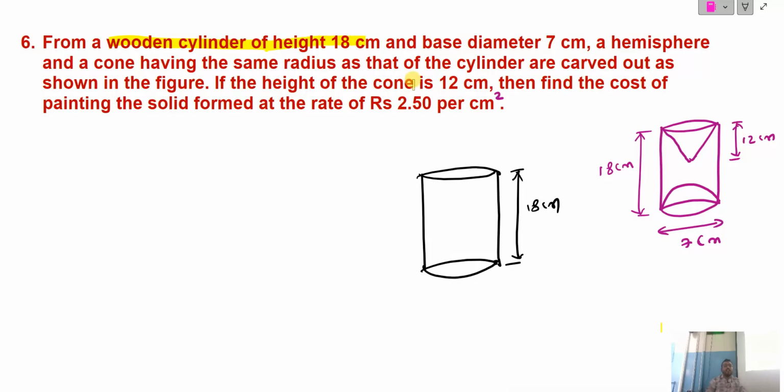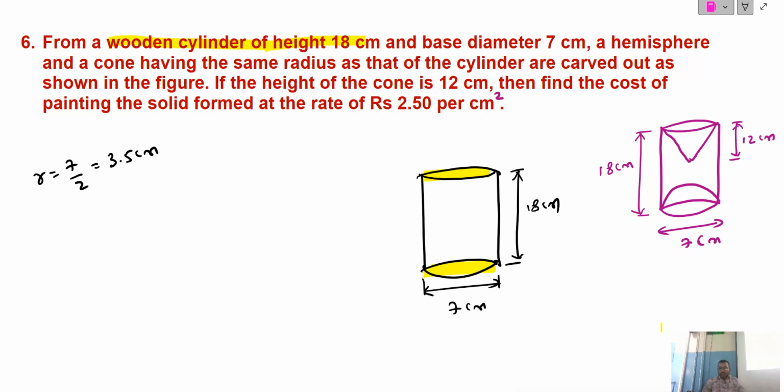And the diameter, what is it? This is the diameter, right? Any side you can take, this is the complete diameter from here to here. So the diameter is 7 centimeter. Then the radius is half of the diameter, that is 7 by 2, which can also be written as 3.5 centimeters.